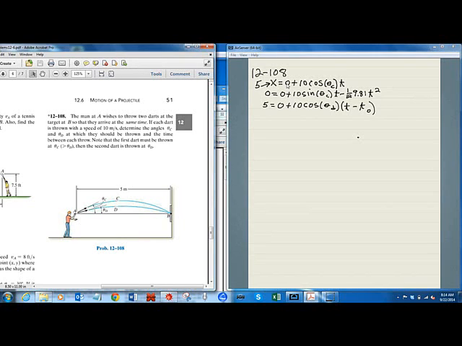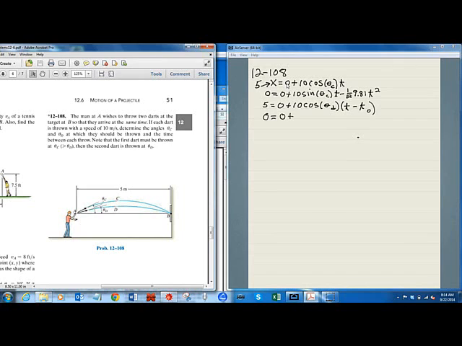Okay, what else do I know about that guy? Yeah, you know the y, right? So let's write down the y. Okay, where does he hit in the y direction? At 0? Okay, 0 equals. Where does he start? At 0?